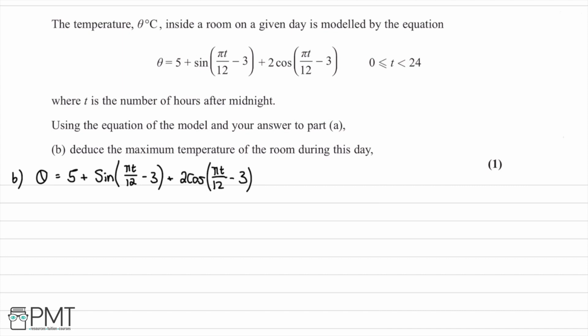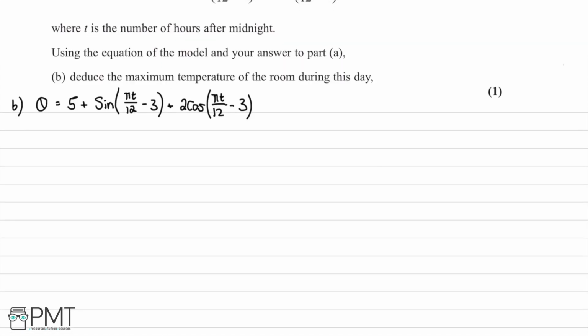So recall in part A, we worked out what r sine of x plus alpha was equal to, and that was coming from sine x plus 2 cos x. And what do we have here? We have sine of something plus 2 cos of something.